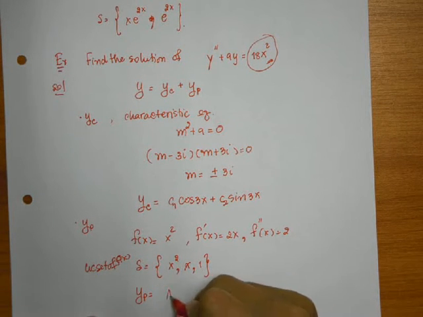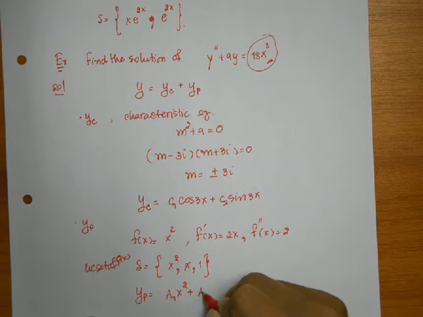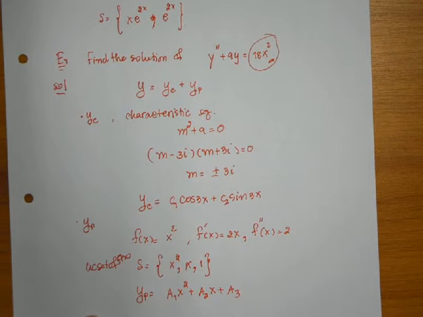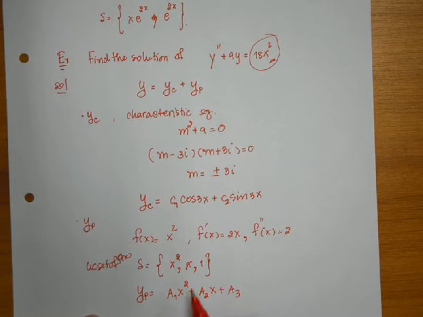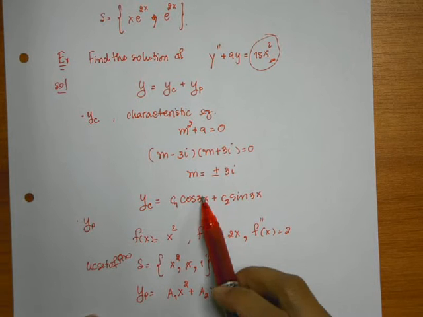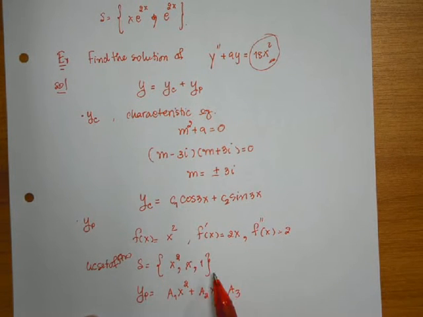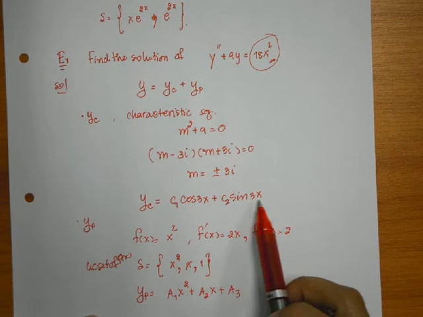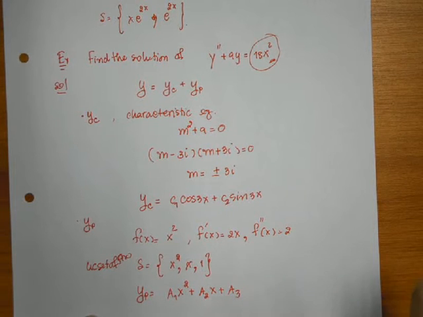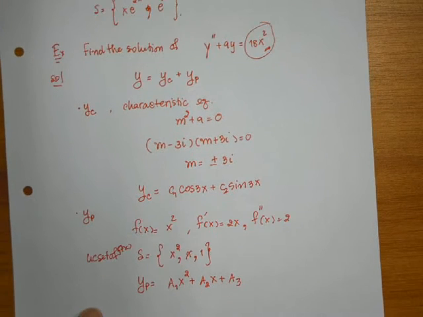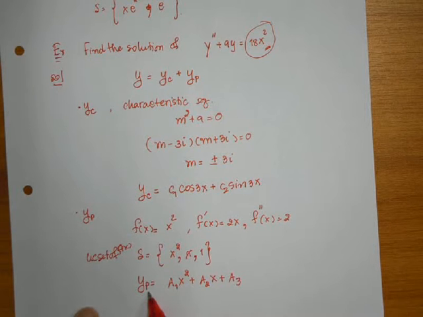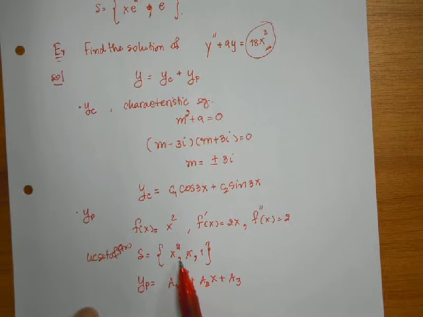I would say a1 x squared plus a2 x plus a3. Because we don't have x squared in yc, we don't have x in yc, and we don't have 1 in yc. In yc you have only cos 3x and sin 3x. It's not the same. So in that case, you can assume that yp is equal to the summation of each function inside the UC set.